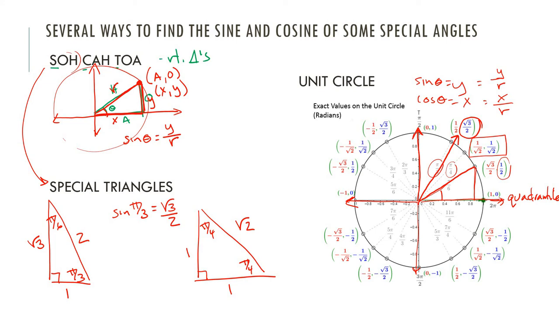So whatever way you use is fine with me, but you do need to be able to identify the sine, the cosine, and in a second we're going to talk about tangent, cotangent, cosecant, and secant. So based on either the unit circle or the special triangles using SOHCAHTOA, you should be able to find the sine, the cosine, tangent, all of the trig functions of these special angles.